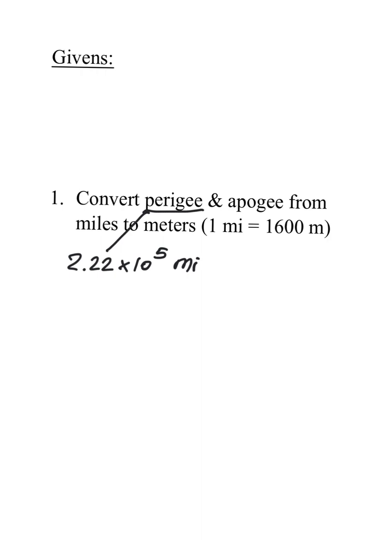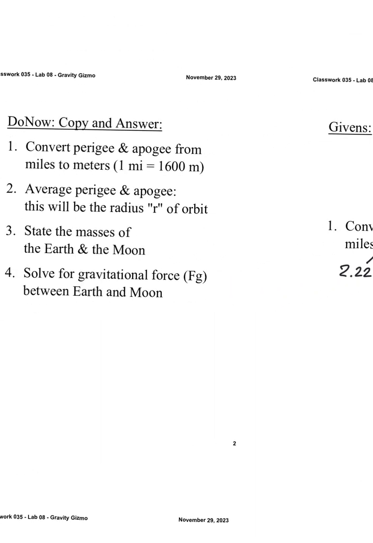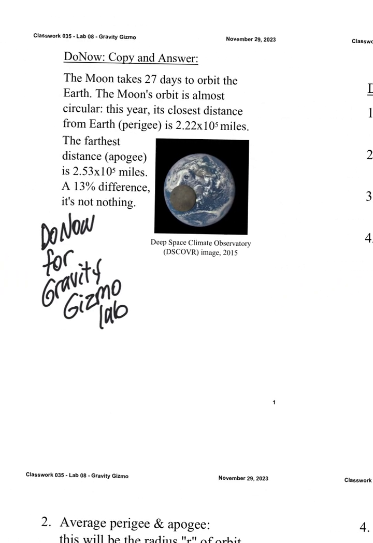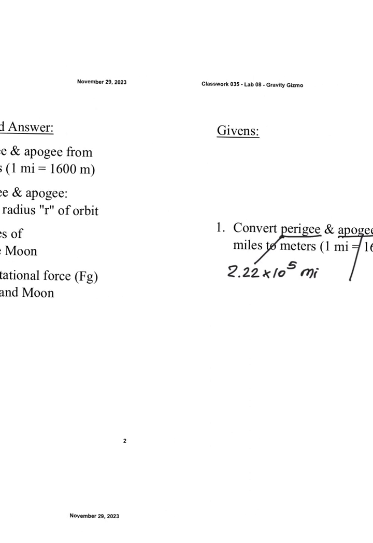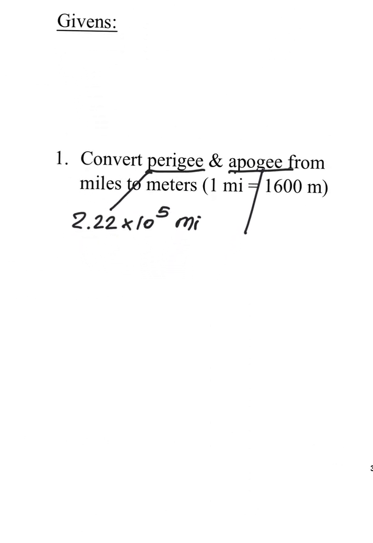And then apogee, the farthest point, is 2.53 times 10 to the 5 miles. But we don't deal with miles, we deal with meters. So the first thing we're going to need to do is convert from miles to meters.